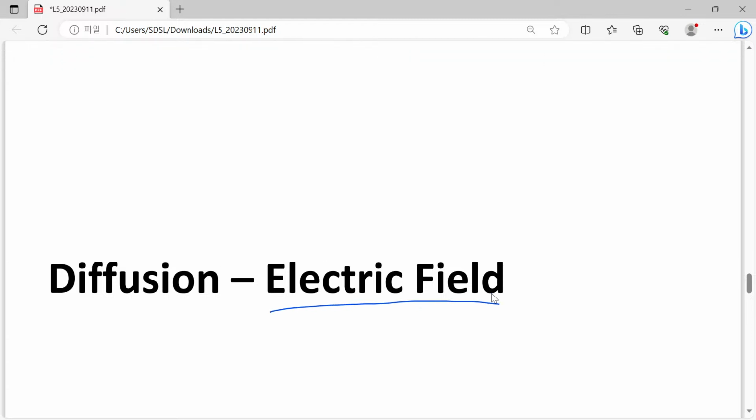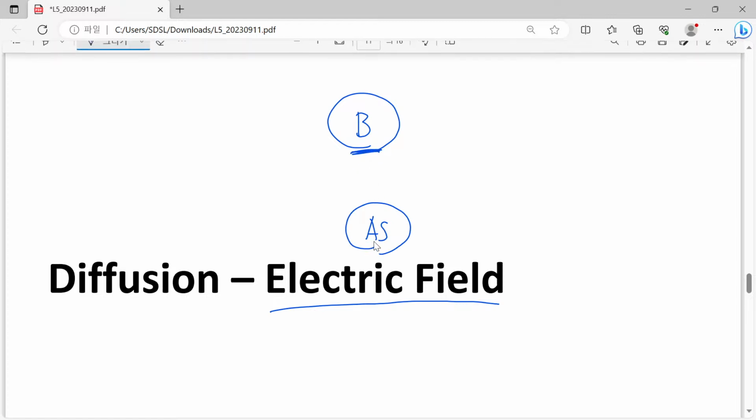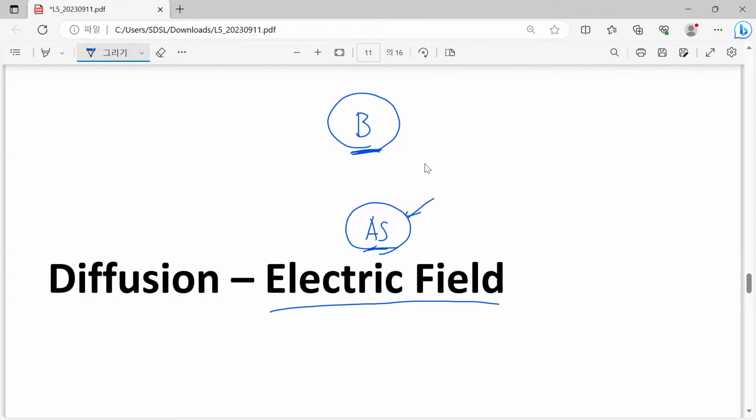You know that here we have boron and here we have arsenic, and they are contributing positive and negative charges. And also, we have positive holes and negatively charged electrons. They are existing in our system.